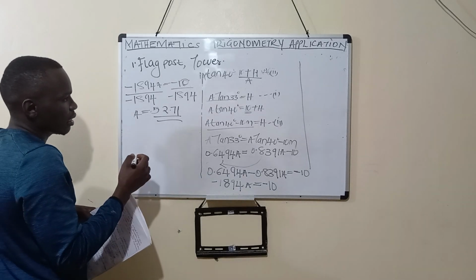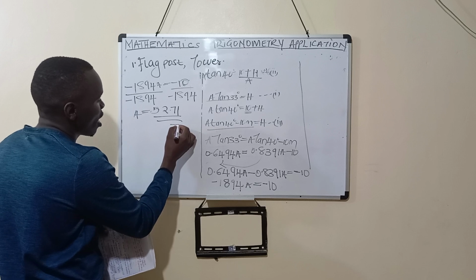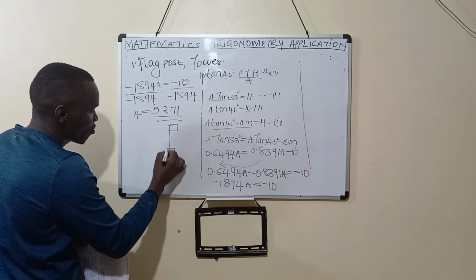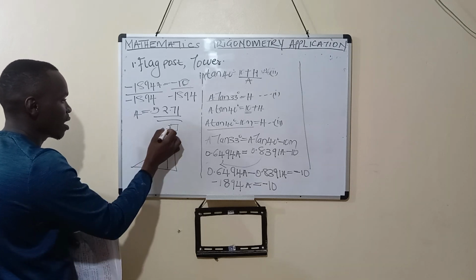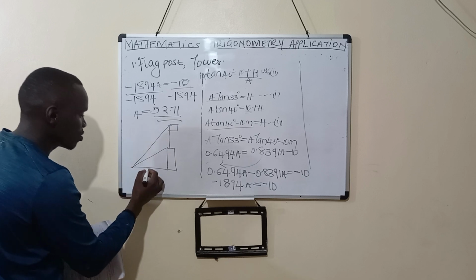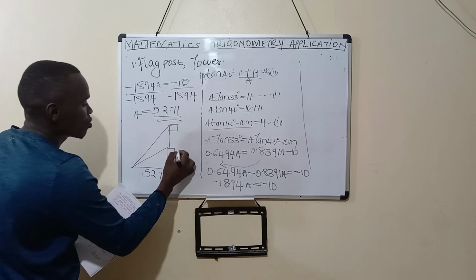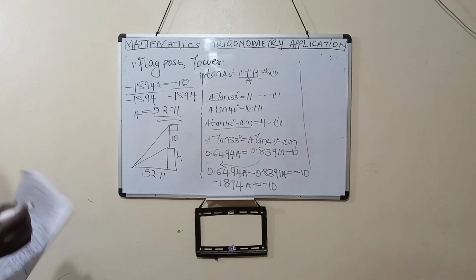So, if we try to resketch our original structure, we are going to have something like this. Now it has taken shape. This one becomes 52.71. This one is the height, and this one is 10.